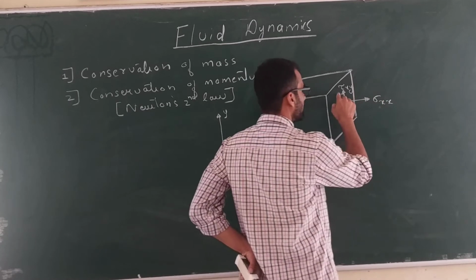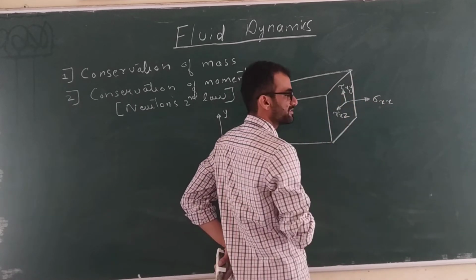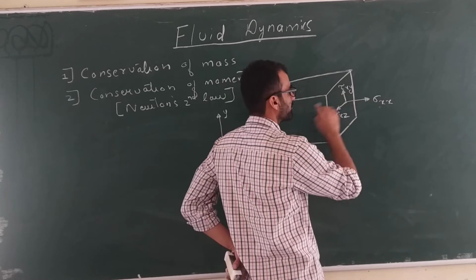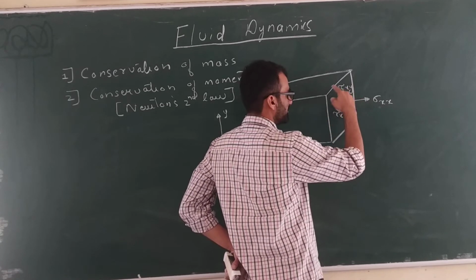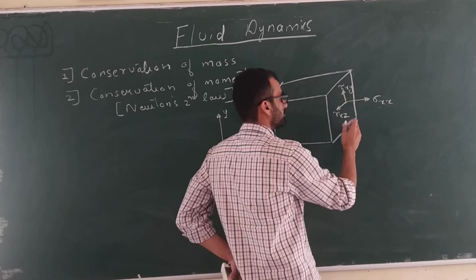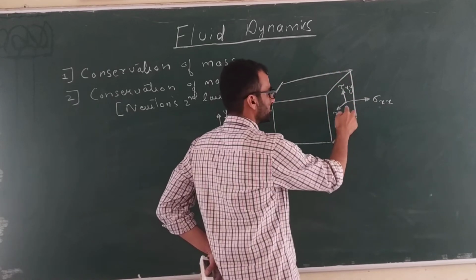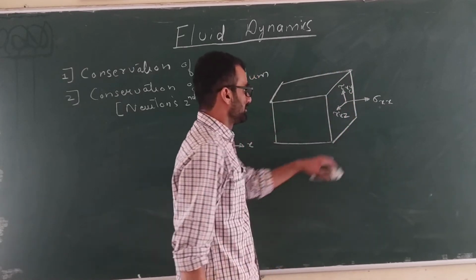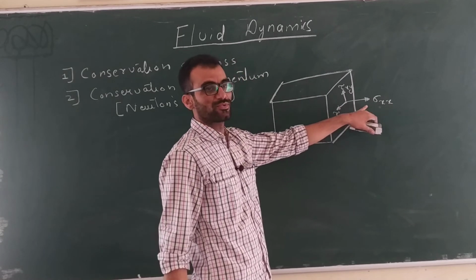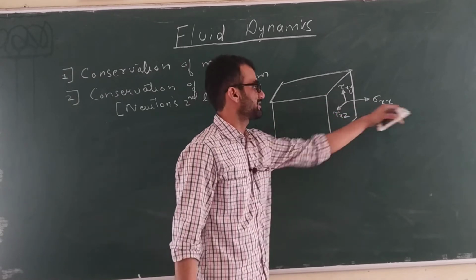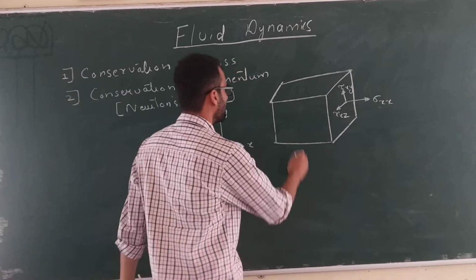Now look at the two tangential components: one is tau xy, x because it is acting on this plane and y because it is acting along the y direction. So these are the two tangential components and one normal component on this plane to which the x axis is normal.